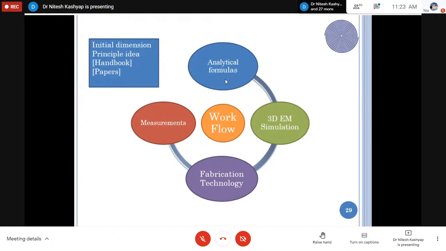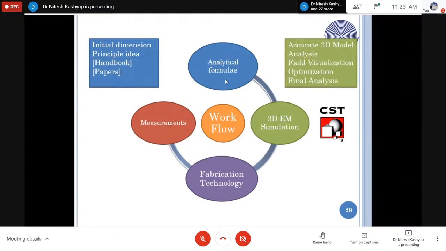Initially, the dimension, principle, or idea we can take from the handbook or papers, and the second one is 3D modeling or simulation of the antenna. So we use this software, or any software, any platform to design it.